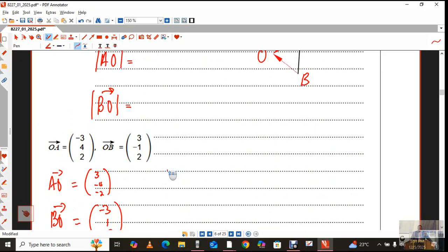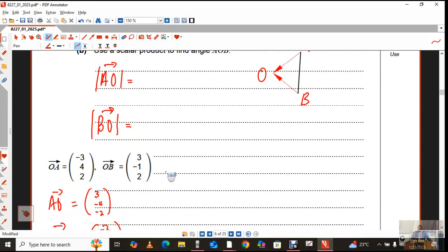Now, for me to find the magnitude of AO, it's totally up to you if you want to put these negatives there, because you're going to use Pythagoras anyway. So this is 3 squared plus 4 squared plus 2 squared. I am not putting the negative stuff in brackets because I know I'm going to get the same answer. If you clean this up, you're going to get the square root of 29.